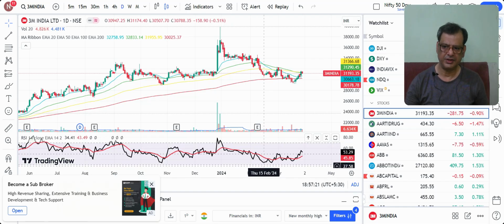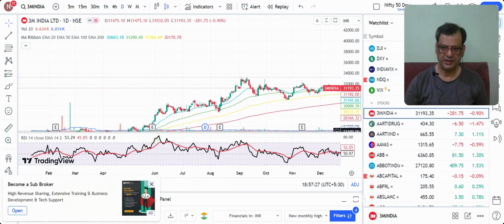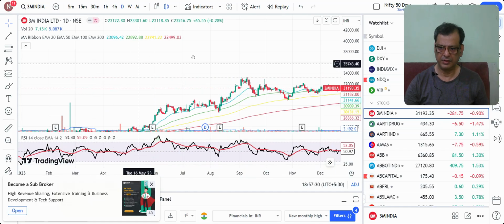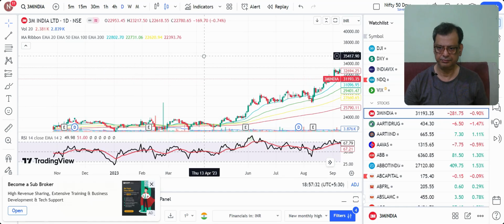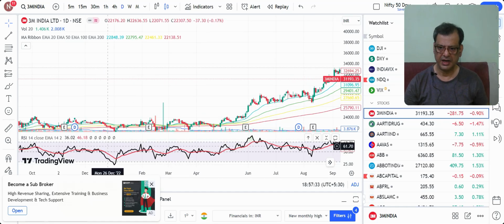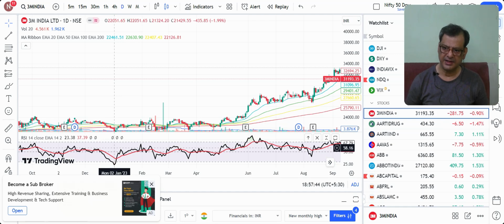If you look here on the left hand side bottom, RSI is showing 34.41. So when the security, let me go back in the chart. Can you see here? Price has gone down. And if you see here in 2023, if I go for the date here, it's 2nd Jan 23 and the RSI is at 23.38.